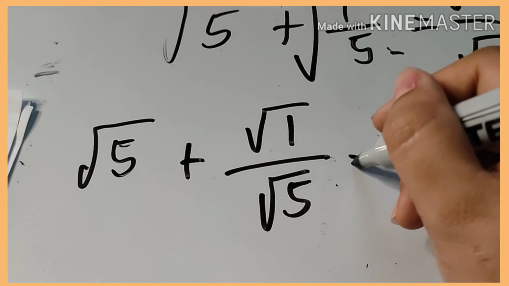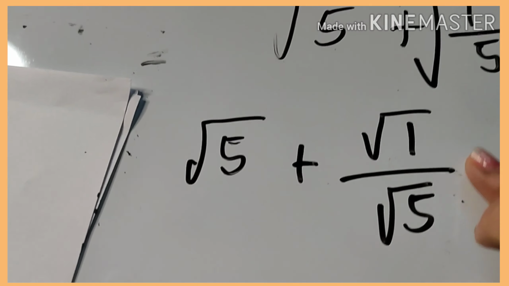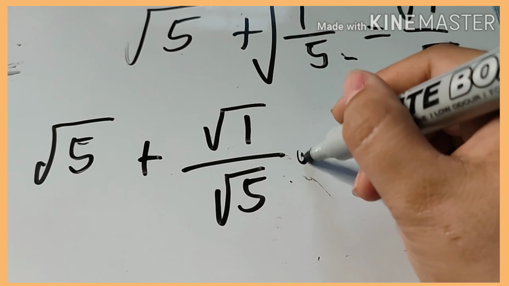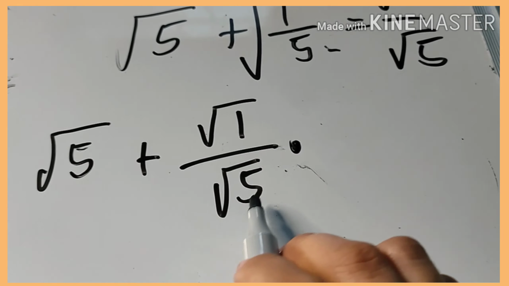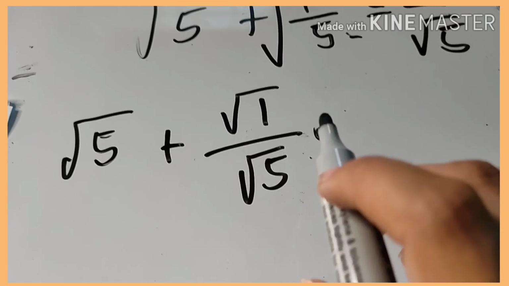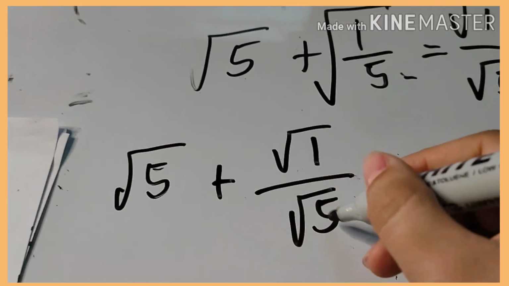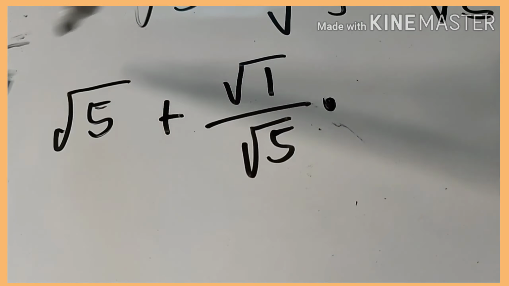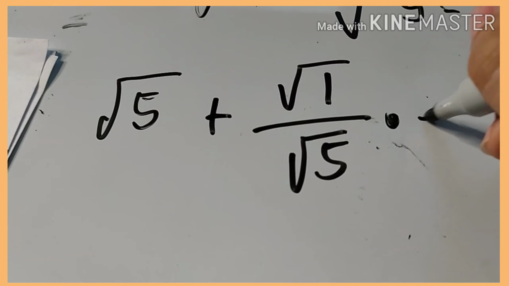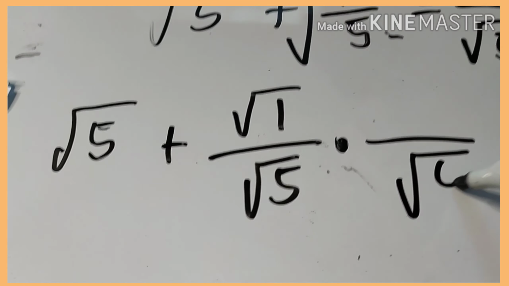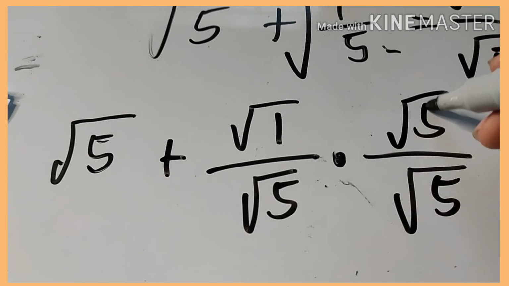Then let's rationalize first the square root of 5, because you cannot add with the radical sign below. So do not mind this one. Just simply multiply the quotient of the denominator, or rationalize.